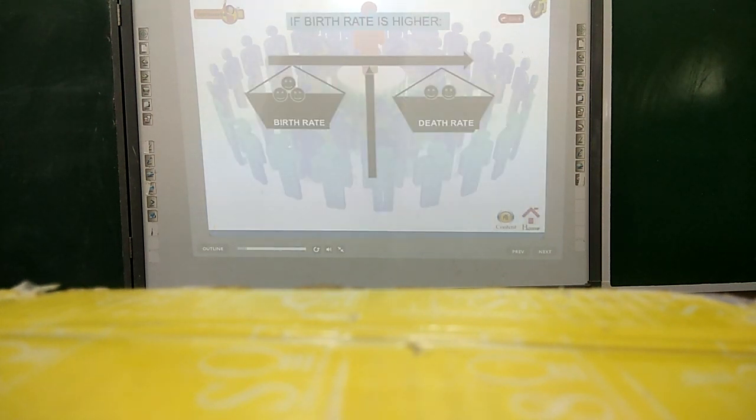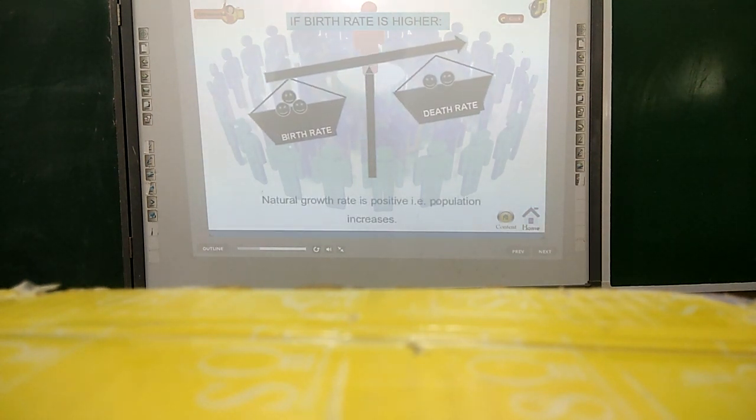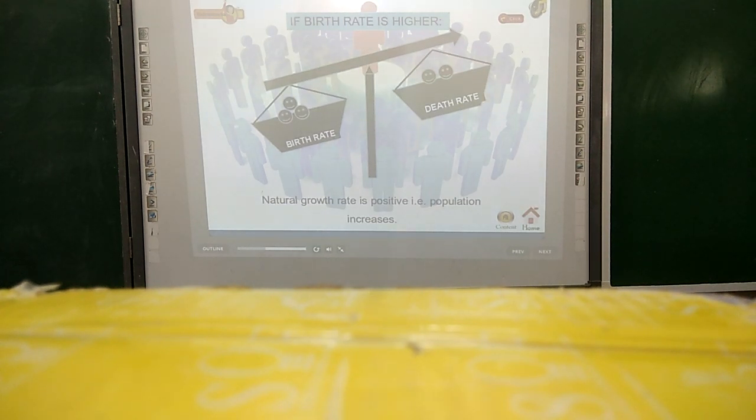If birth rate is higher, natural growth rate is positive, that is, population increases.